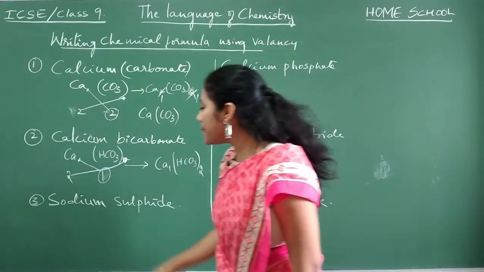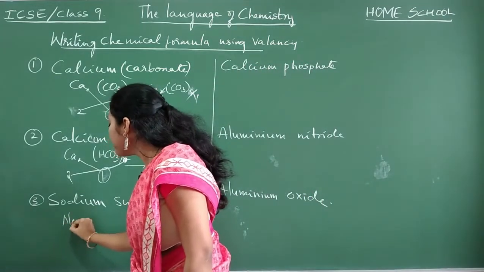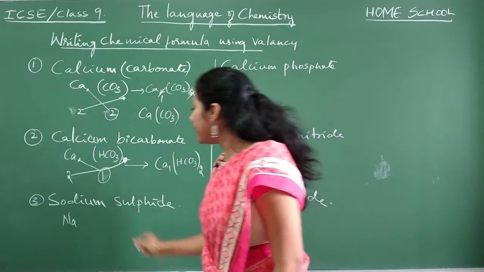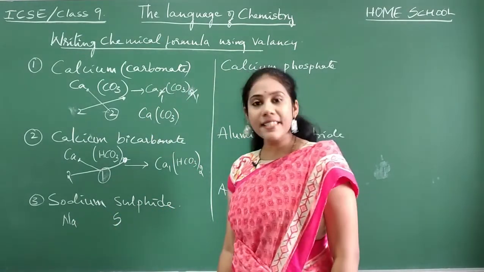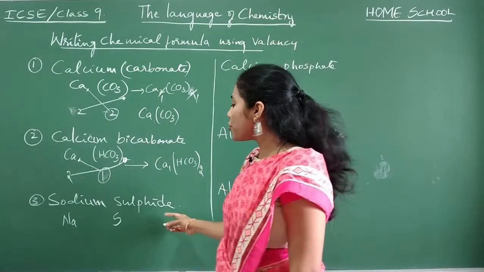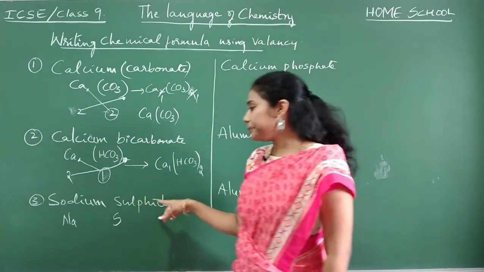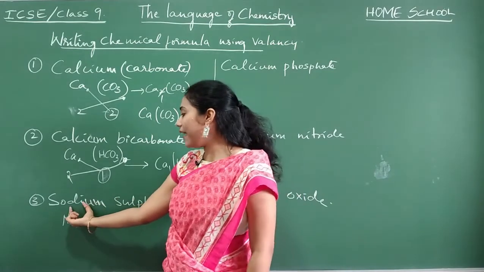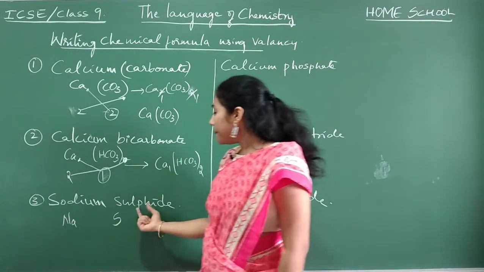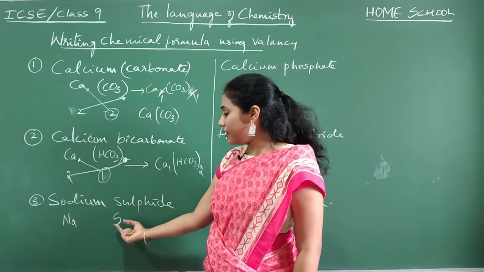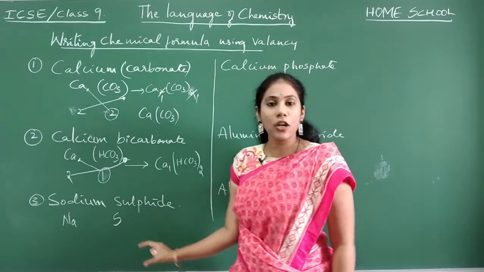So the sodium symbol is Na, isn't it? And the sulfide symbol is S. Sulfide in the sense sulfur, yes, guys. Usually while writing the name, the positive part is written with the element's name only. But the non-metal, the negative part, is always a non-metal.